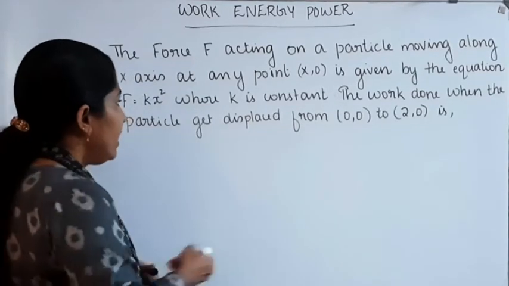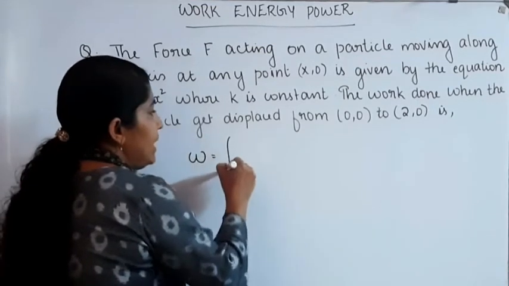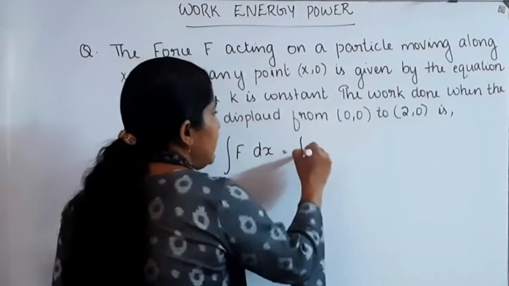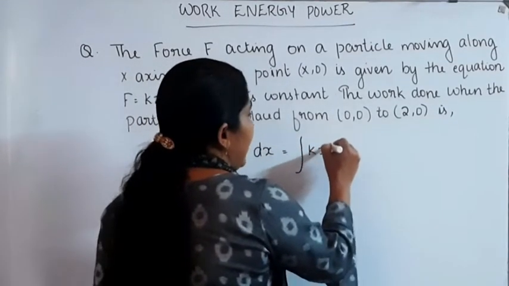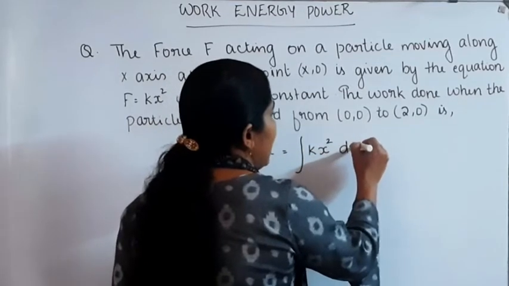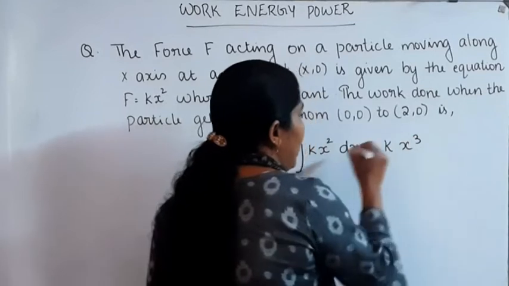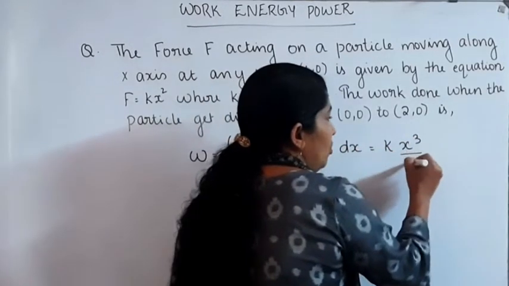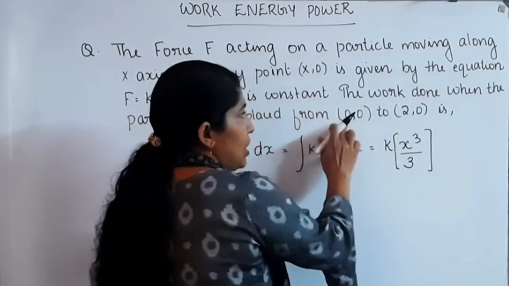We know that work done W is equal to the integral of F dx. That's equal to the integral of kx square dx. That's equal to k into x cube divided by 3, since after integration x square dx is x cube by 3. What about the limit of integration?